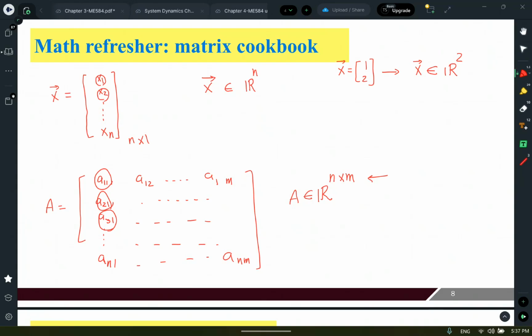Okay, now, when it comes to matrices and vectors, what we need to learn in this course is being able to do matrices algebra. What are matrices and vectors algebra?